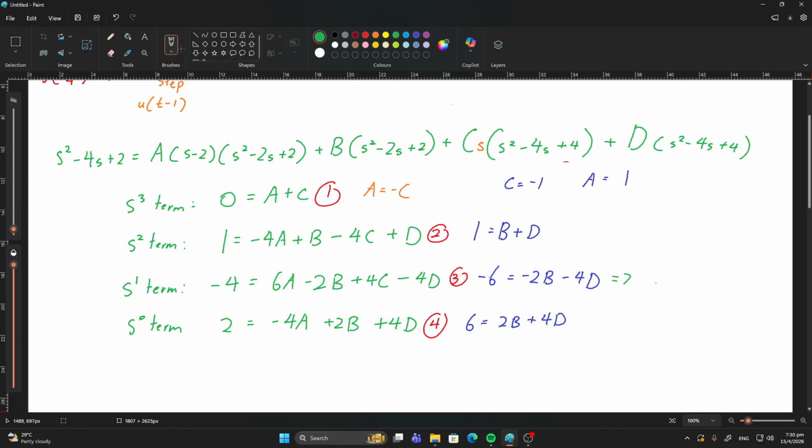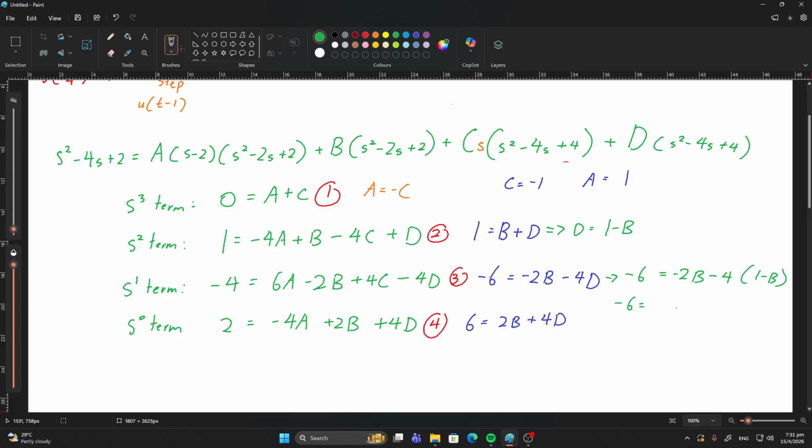We know that this just becomes... actually we don't know it, do we? Let's see, maybe we can play around with this. So we know that d equals 1 minus b. So in this case, negative 6 equals negative 2b minus 4 times 1 minus b.